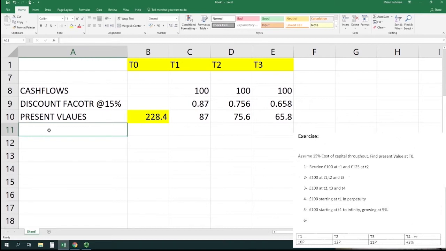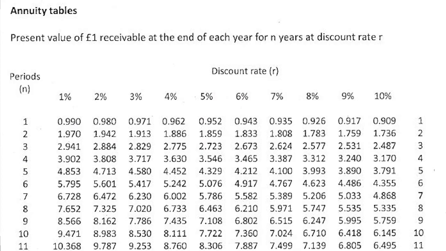And that would be using annuity tables. We look at the second table, which tells us the values of £1 received consecutively. So our second example is actually that situation. We are receiving £100 consecutively. So what do we do?